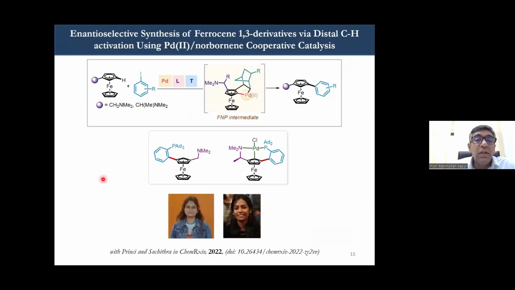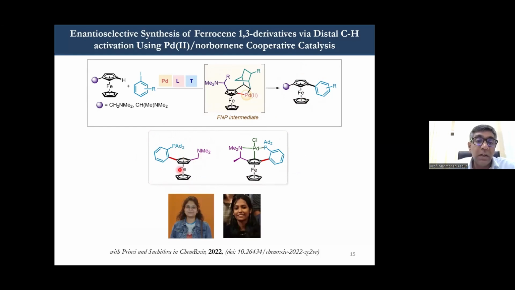In another approach, we used palladium norbornene cooperative catalysis as demonstrated in this particular transition intermediate to achieve once again an enantioselective synthesis of ferrocene 1,3 derivatives, and we synthesized some very important, beautiful ligands which were so far inaccessible by normal methods.